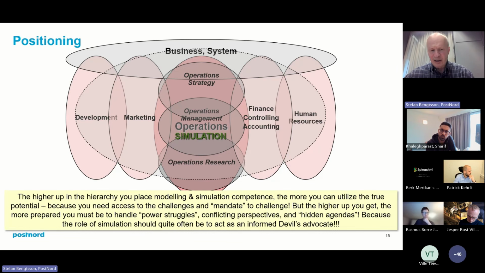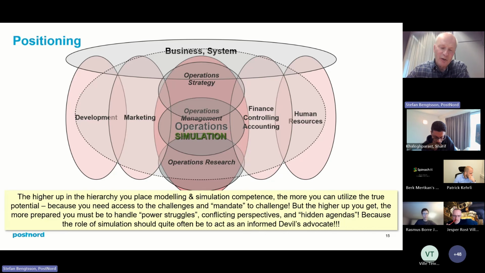So the higher up in the hierarchy you place modeling and simulation, the more you can utilize the true potential, because you need to access the challenges and have the mandate to challenge. But the higher up you get, the more you will also get involved in the power struggles, the conflicting perspectives, and the hidden agendas. Because the role of simulation should quite often be to throw in another perspective. And that's not always popular because simulation should challenge.